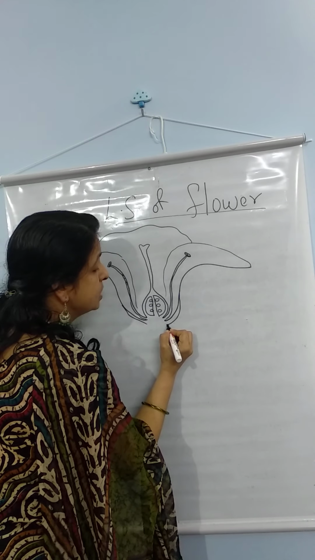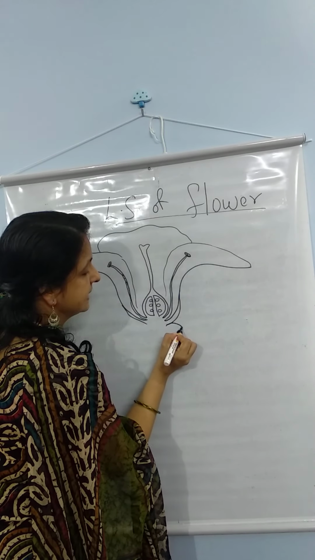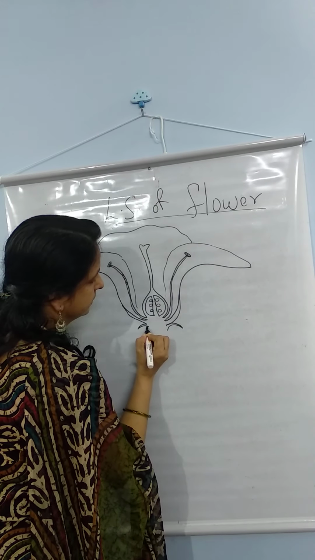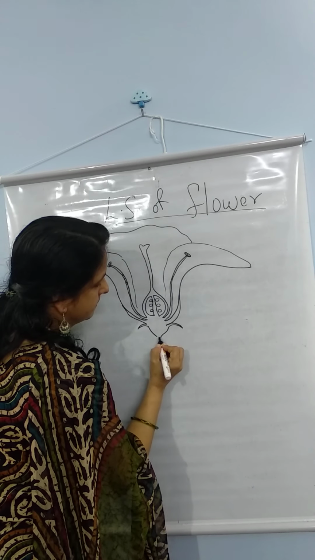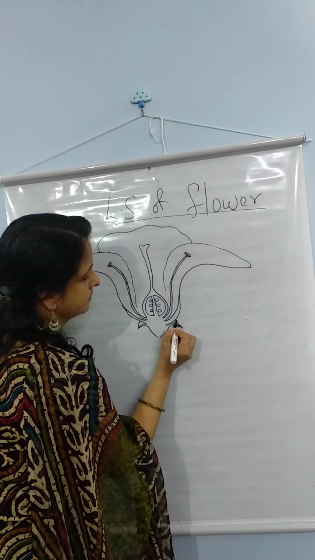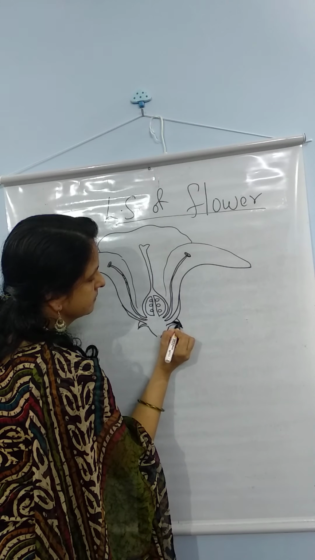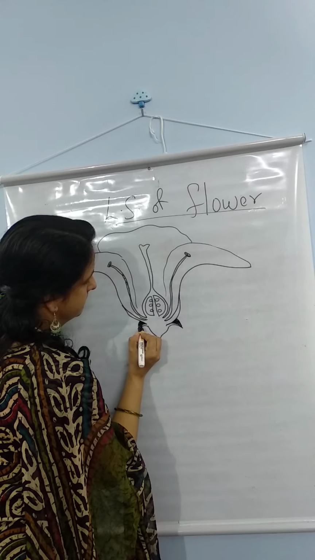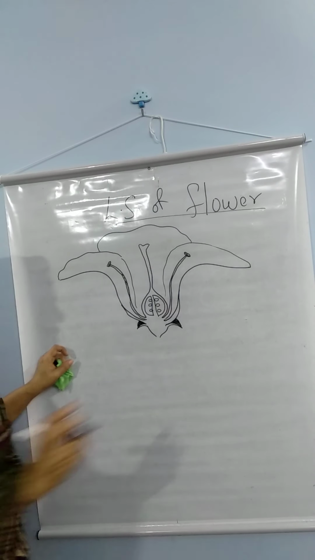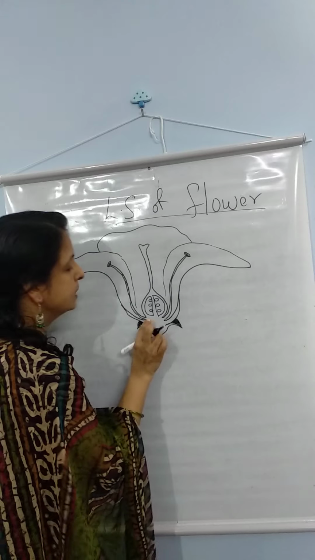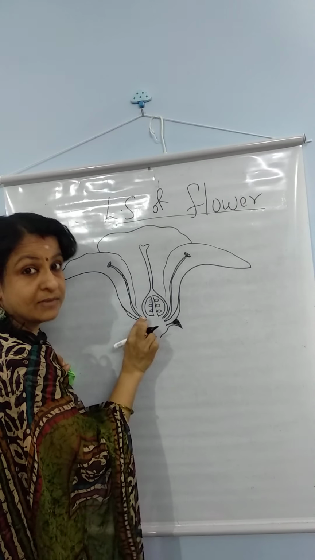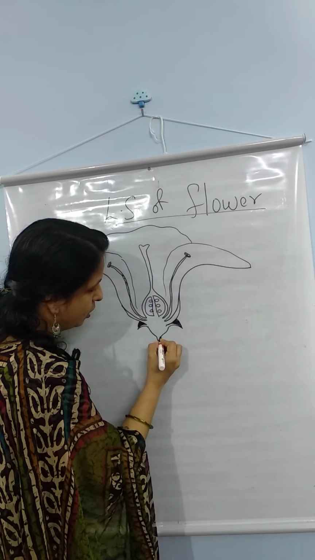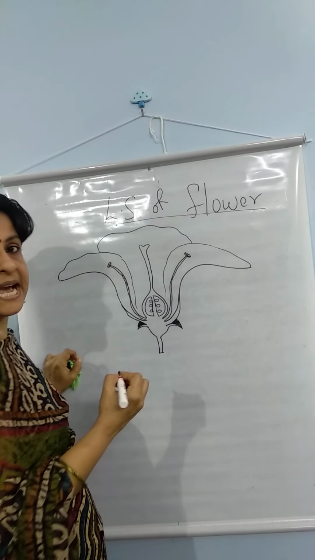Now we will draw the outermost part of the flower, that is the calyx. I am shading the calyx like this. So these are the sepals. Now this part is the thalamus or the receptacle on which all the other parts are arranged. And this is the stalk of the flower. We call it the pedicel.